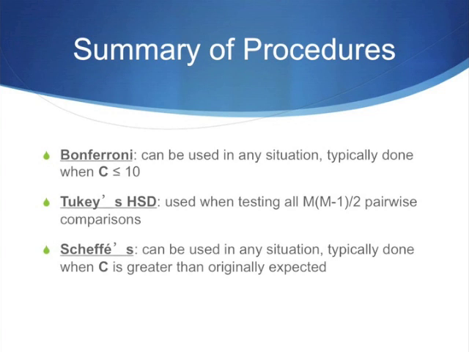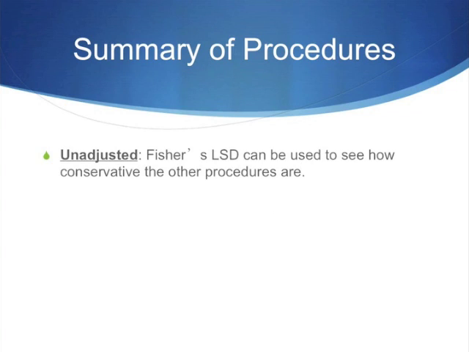And Scheffe can be used in any situation, typically done when the tests that you will do are greater than originally expected. And also here is the unadjusted. Usually we did like the Fisher, there is no adjustment, no any kind of adjustment. So we might have type 1 error if we're using Fisher, if we have more than 2 variables that we want to compare between them.